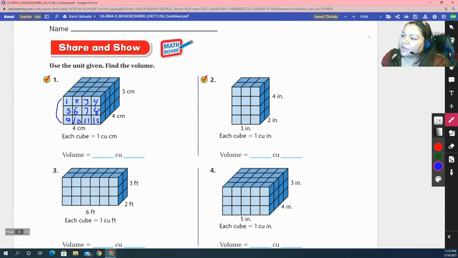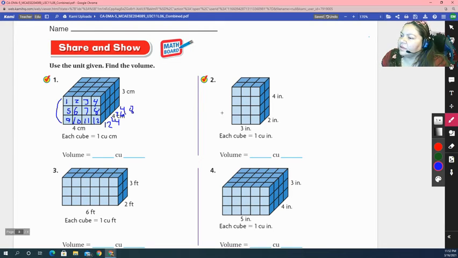So length and height. Now I need to include all the layers, the 4 centimeters that it has in width. So the way that I can do that is by counting by 12s 4 times: 12, 24, add 12, 36, and lastly add 12, 48.